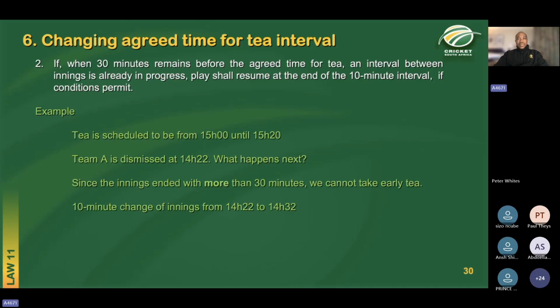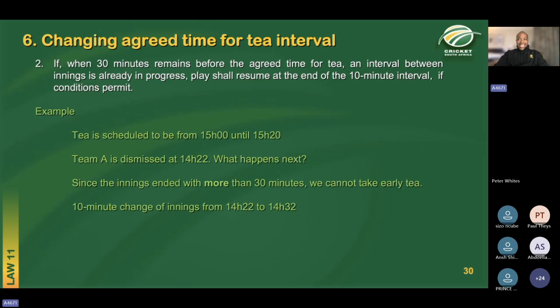Why is it 3 overs? Abdullah will take us through Law 12, which tells us that the over rate the Law wants teams to bowl at is 20 overs per hour, which is 3 minutes per over. And in 10 minutes, you can fit 3 full overs, which are 3 minutes long.